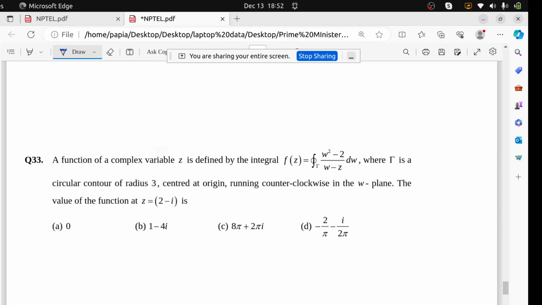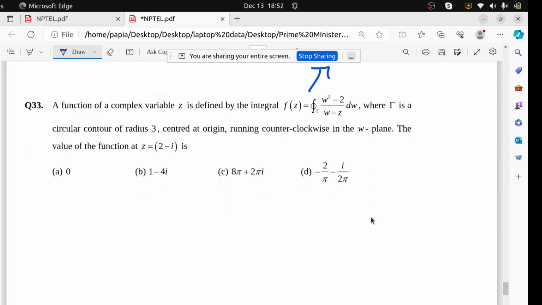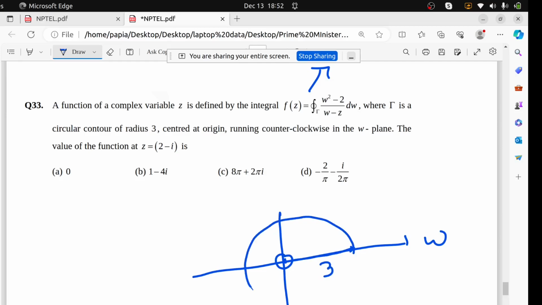So we have to calculate this one instead. And what is the gamma here in the w plane? At the center the origin is there and the radius is 3, and it is counterclockwise.